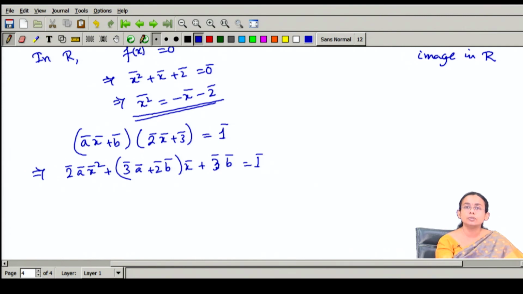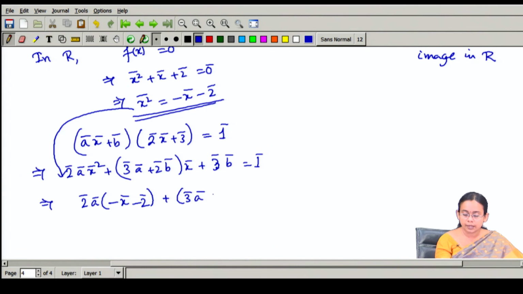Now, I will be using that relation that x square bar is equal to minus x bar minus 2, and I will substitute this relation here in x bar square. If I do that, then I will get 2 bar a bar into minus x bar minus 2 bar plus 3 bar a bar plus 2 bar b bar into x bar plus 3 bar b bar equal to 1 bar.